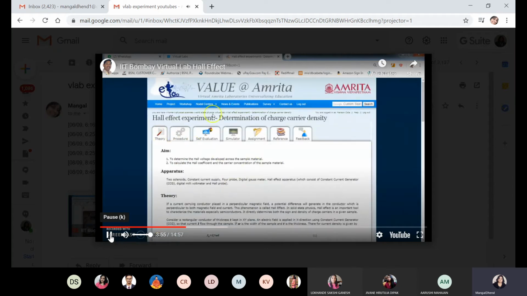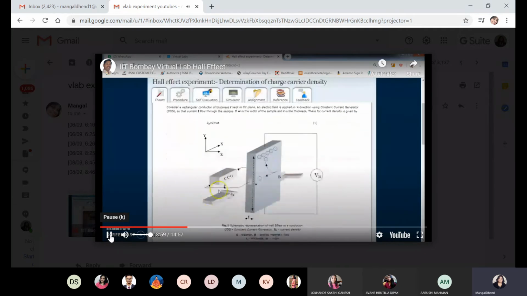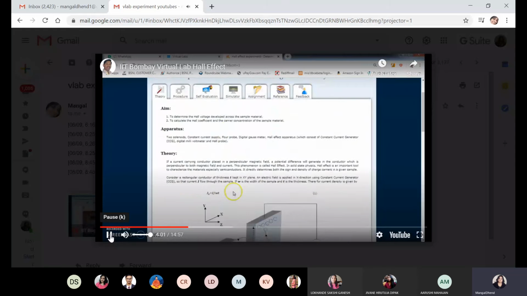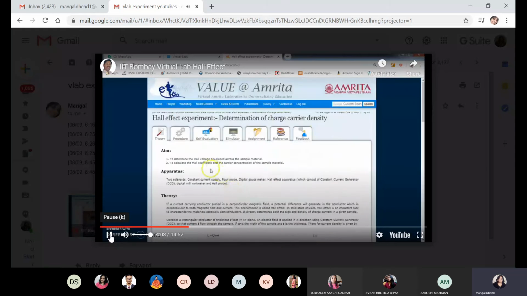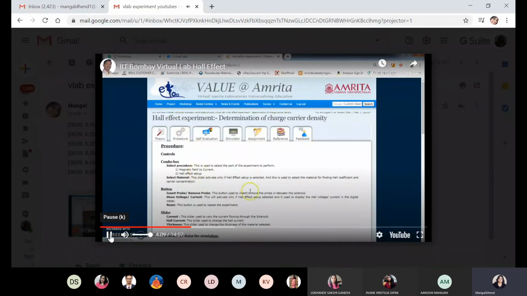Okay, now once you click on that, you'll find a page which opens, which has the theory there. The theory, the formula and all, we get there. All the same thing which we had discussed in the theory of semiconductors chapter. Then the procedure as to how to perform this experiment virtually. Now read the procedure, students.